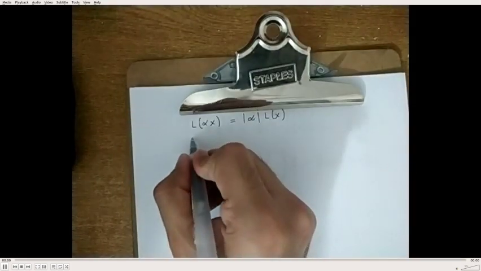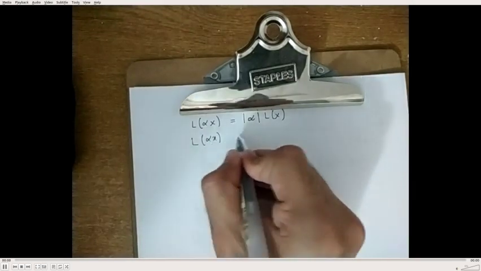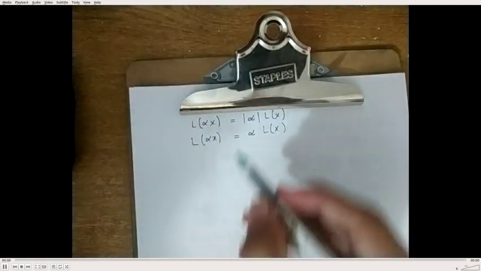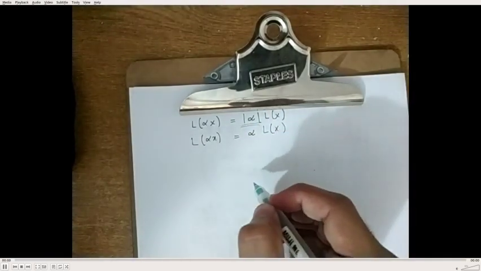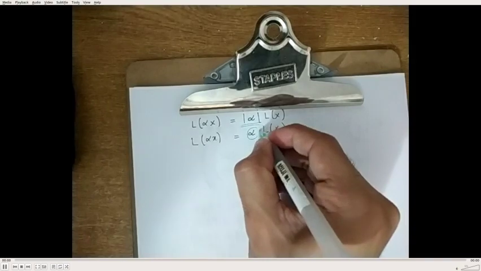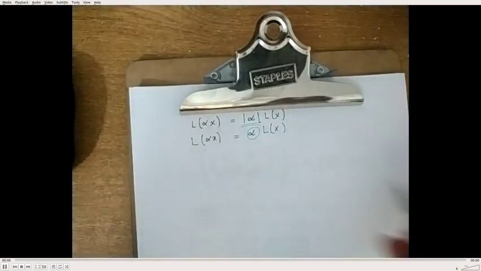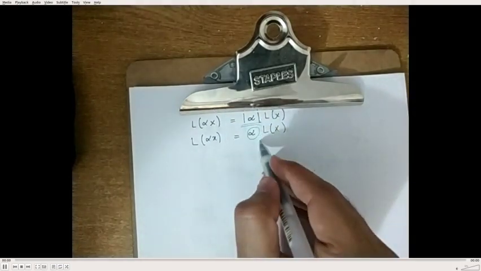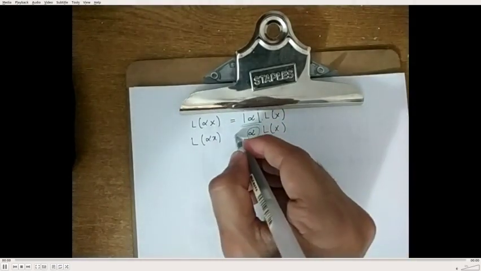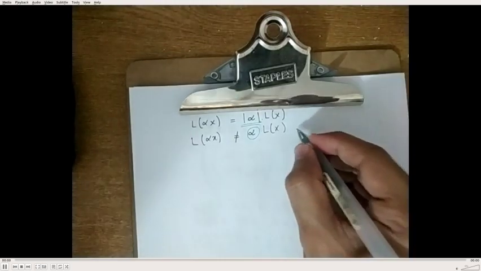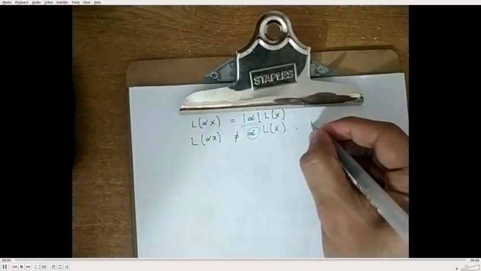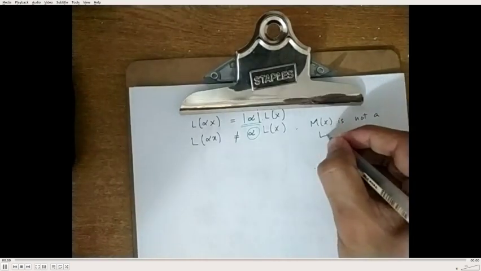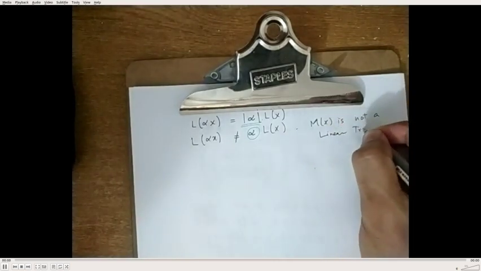But what I wanted was that the scalar multiplication should just remain a scalar multiplication. And so the difference is that over here I have the absolute value, but over here I have the actual scalar multiple that I started off with. So if this number is negative, these results won't be the same, and so I do not have this property, and therefore M of x is not a linear transformation.